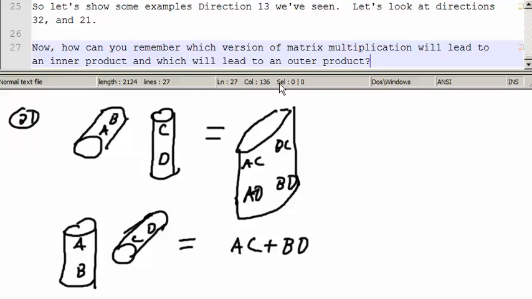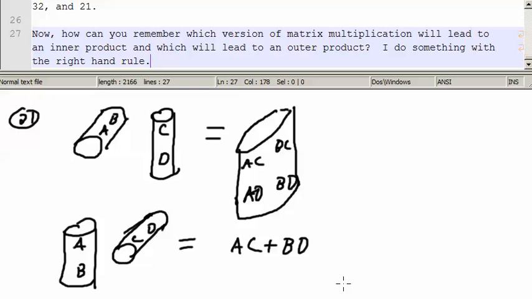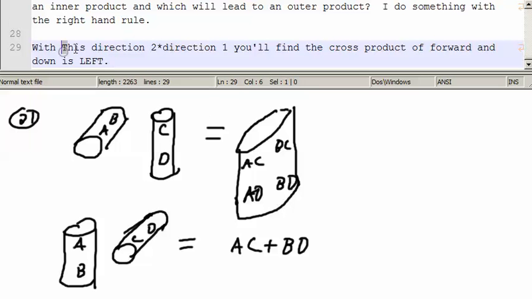Now, how can you remember which version of matrix multiplication will lead to an inner product and which will lead to an outer product? I do something with the right-hand rule. With this direction 2 times direction 1, you'll find the cross product of forward cross down is left.